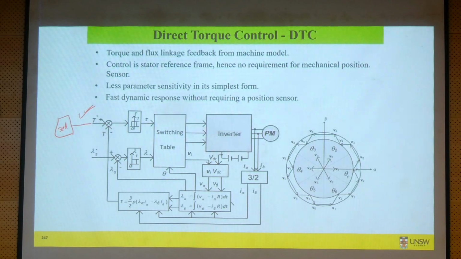Okay, and the classic DTC does not use SPM or PWM. They use switching tables, and using the switching tables, they just turn the switches on and off according to that table. So that table is very important.